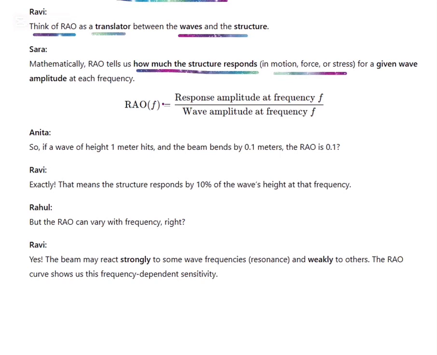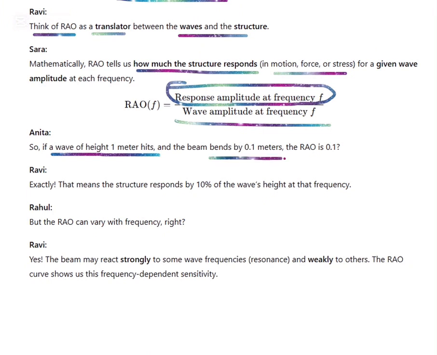So we could say that RAO is the ratio of response amplitude at frequency f to wave amplitude at frequency f. If a wave height of 1 meter hits the beam and it bends by 0.1 meter, then RAO is 0.1. Say this is my tubular beam, and this is my wave height of 1 meter.